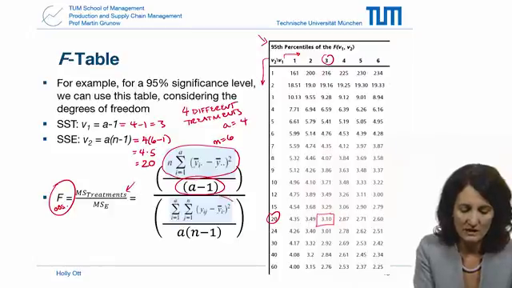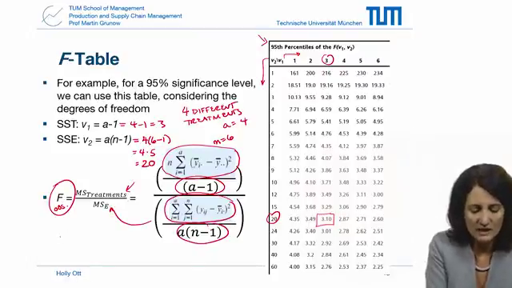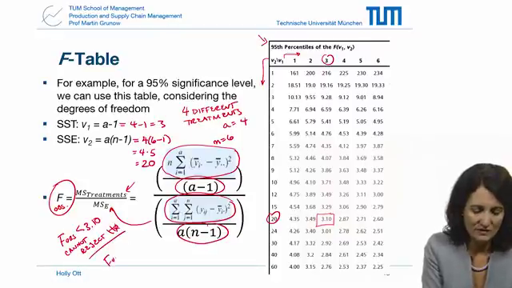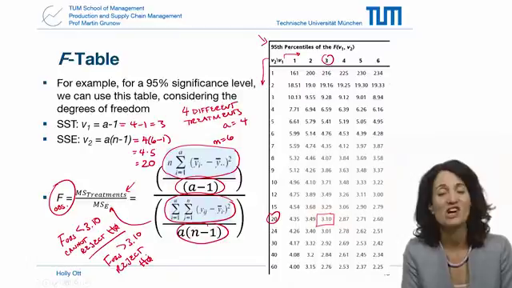You take the sum of squares for the error, divide by A times N minus 1 to get the mean square error. If F observed is less than 3.10 for this example, you cannot reject the null hypothesis. This means the means are the same. If F observed is greater than 3.10, you can reject the null hypothesis and say that the means are different.